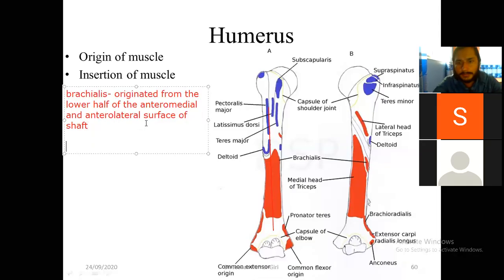Now we'll go for the supracondylar ridge. This is the supracondylar ridge only. We have got two supracondylar ridges, isn't it? The medial and the lateral supracondylar ridge. Let's go for the lateral.